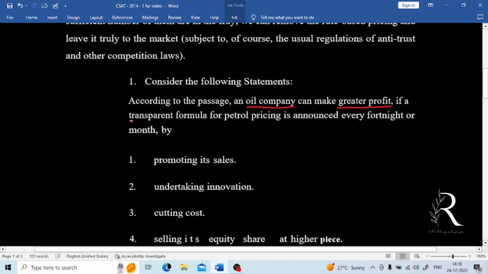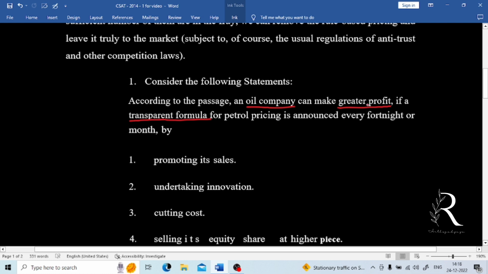Which means a transparent formula is not there at present, and if implemented, it is going to be helpful for petrol pricing announced every fortnight or month.